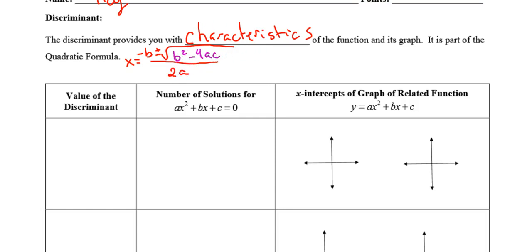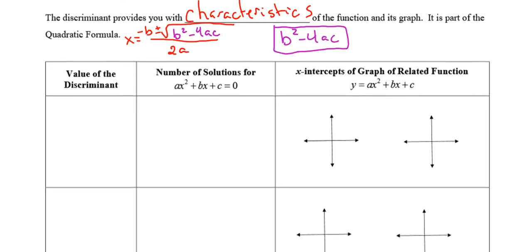So this part here that I wrote in the purple is the discriminant, the b squared minus 4ac. That is the discriminant, and that's what we're going to be using to explore and talk about as we look at these different quadratic functions.